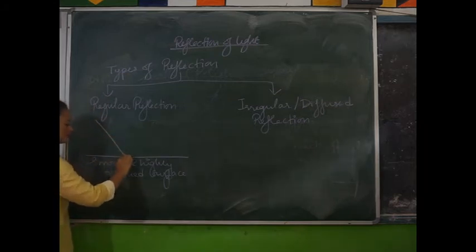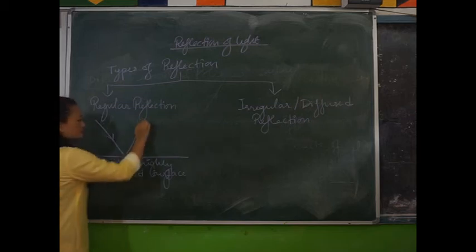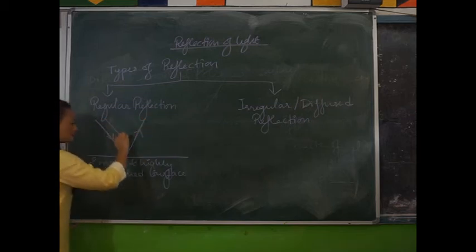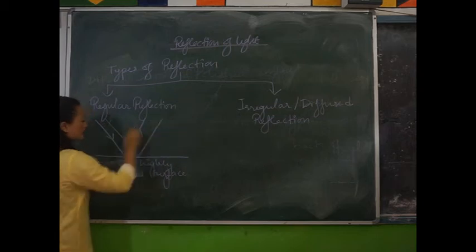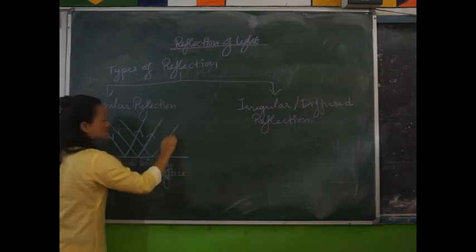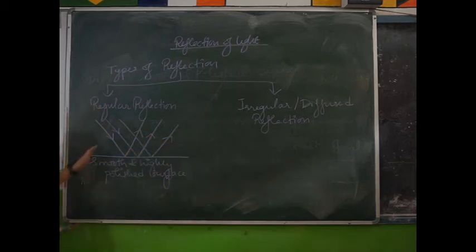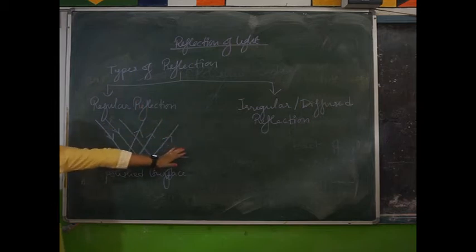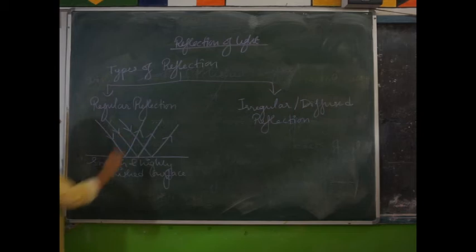The ray of light falls on the surface and it returns back. Another ray of light falls and returns back. So what are you noticing over here? That the reflected rays follow a pattern. They reflect in a regular manner. This kind of reflection is called regular reflection.